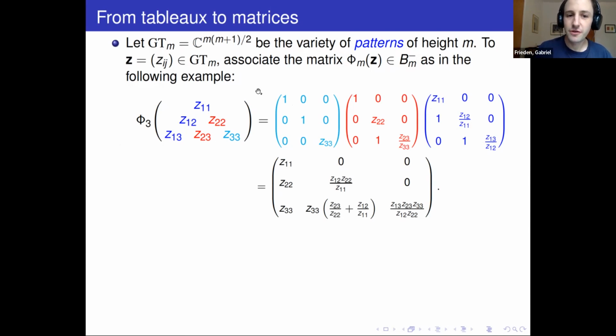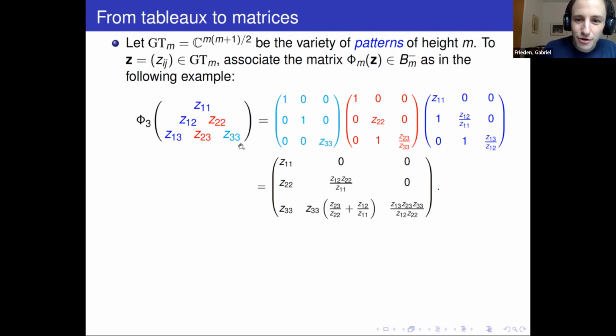Remember that in the first row, Z11 is the number of 1s, Z12 minus Z11 is the number of 2s, and Z13 minus Z12 is the number of 3s. So we detropicalize minus into division, and that's going to be our factor corresponding to the first row.